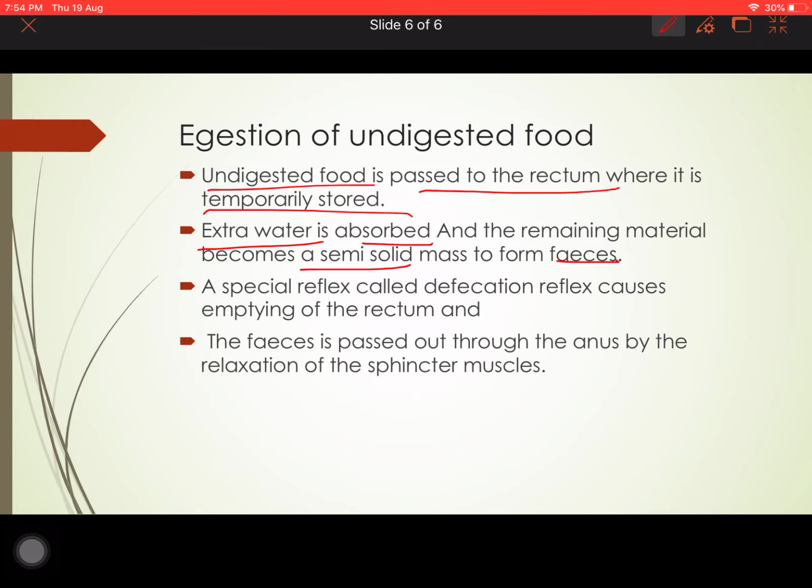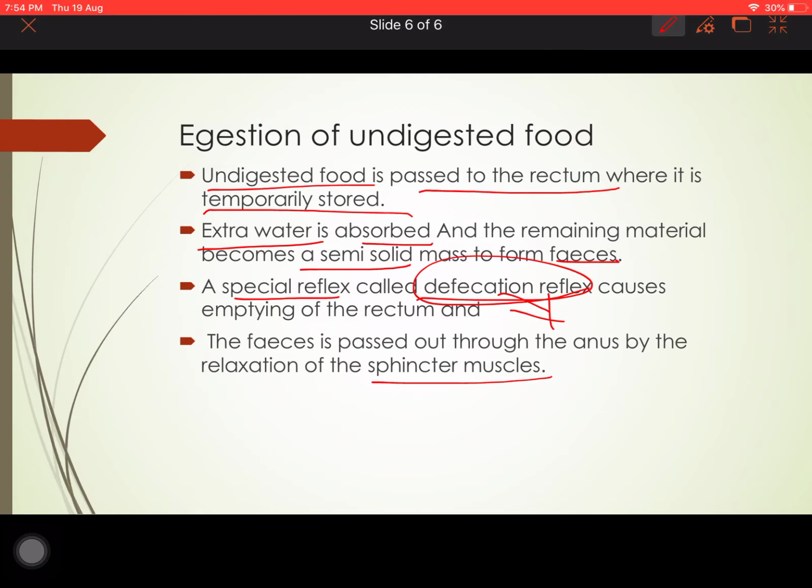Now how are these feces excreted from the body? There is a special reflex called the defecation reflex. What does this term mean? This is a new term you are getting accustomed to today. Defecation means passing out of stool from the body. That reflex causes the emptying of the rectum. The feces is passed out through the anus by the relaxation and contraction of the sphincter muscles, which are near the mouth of the rectum.